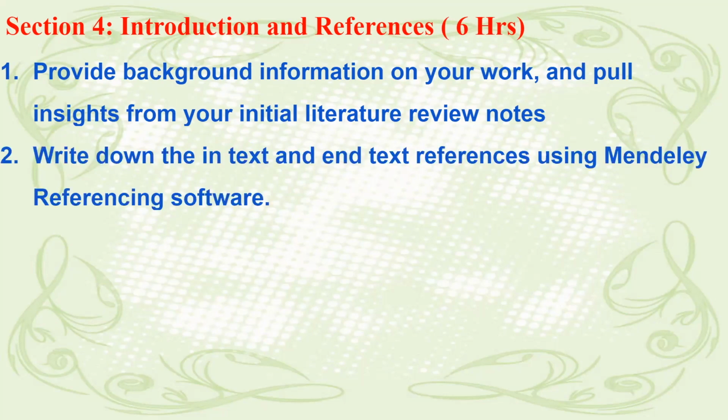Write down in-text and end-text references, mostly for the introduction part. You can use Mendeley referencing software to write these references. There are options to download the references directly from the journal website, and you can use those references. You can follow my video on how to use Mendeley Reference Manager for in-text and end-text references.